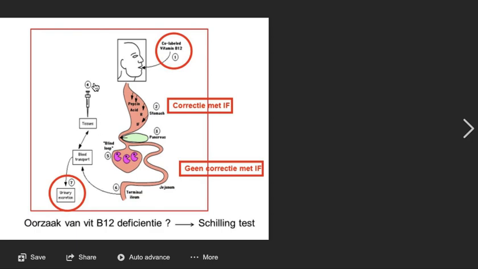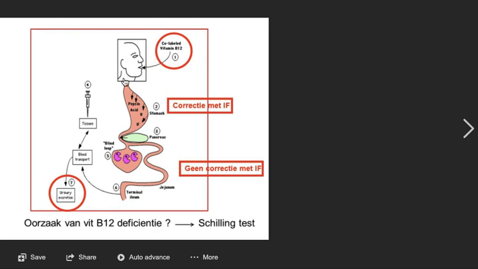This dose is basically given to saturate the body stores of vitamin B12, so that you have enough vitamin B12 in the body. So the first step is this one.